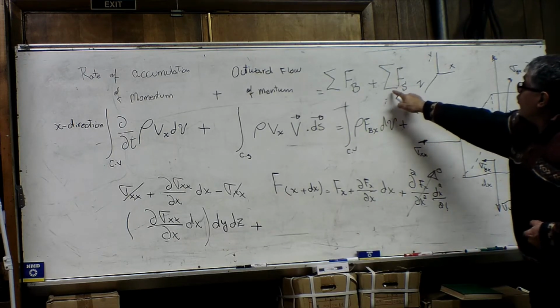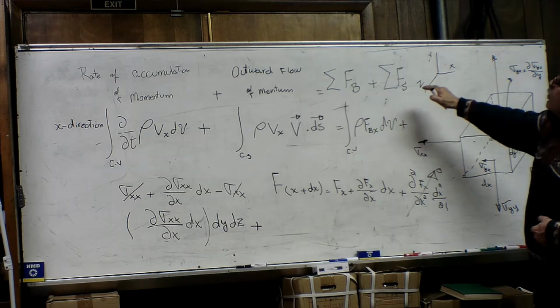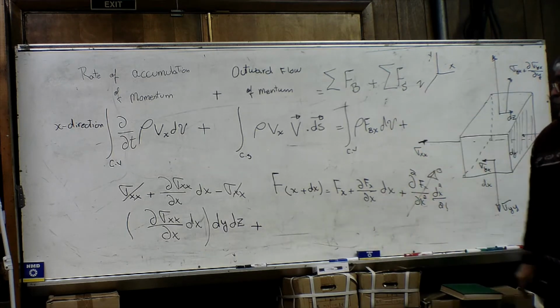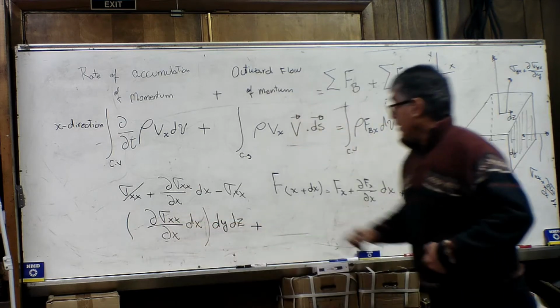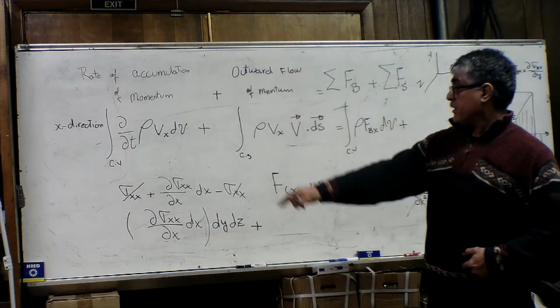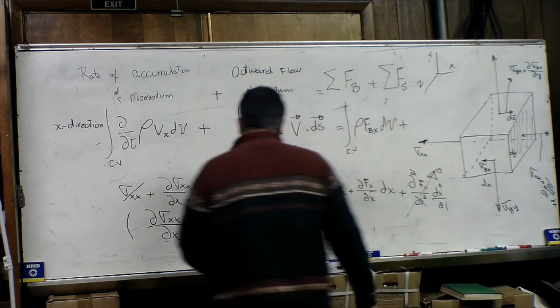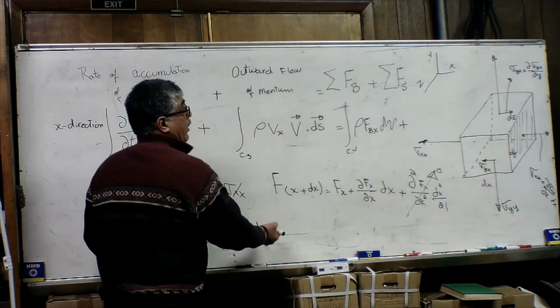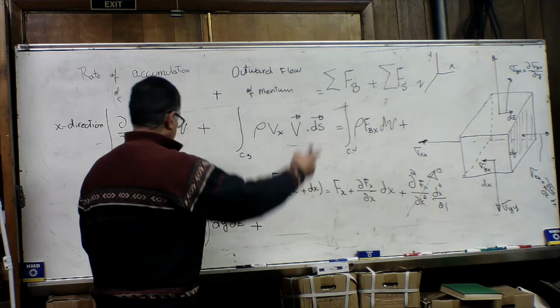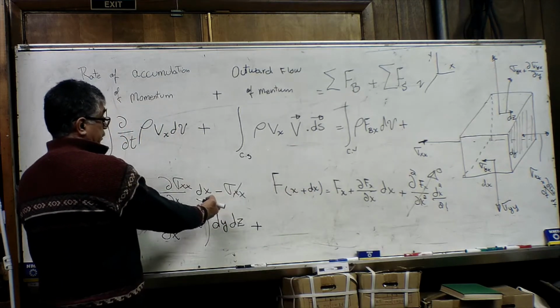now we want to find the total surface forces in the x direction. So this is for the component in the x direction. For the component of stress in the y direction, it will be plus, again the same way, we use the Taylor series.